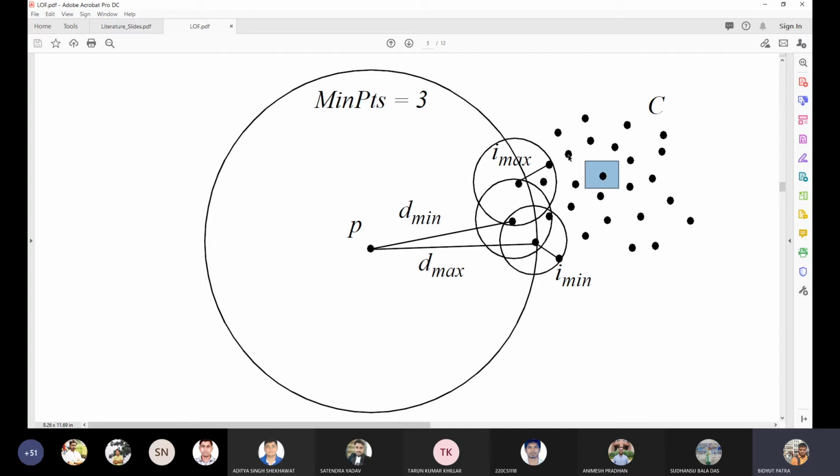The reach dist of this point with respect to its neighbors will be almost the same as the distance from this point to this one. Therefore the density will be almost the same among neighbor points, but here the density will be different from the rest of the points. So here is the key point.